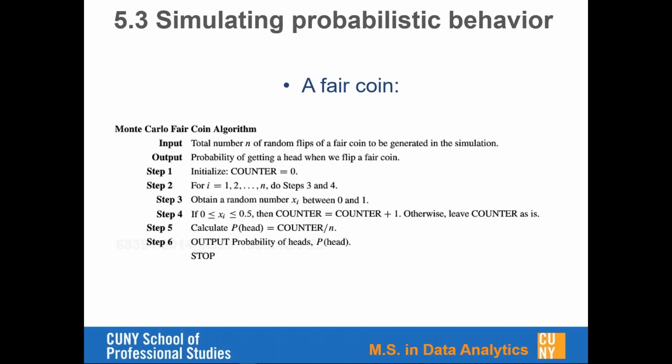Then if x is between 0 and 0.5, you set counter equal to counter plus 1, because you know it's a fair coin, so the probability that the flip shows up as a head is 0.5. Otherwise, you leave the counter as is, and then you can calculate the probability of head as the counter divided by n. So that's your probabilistic behavior simulation.